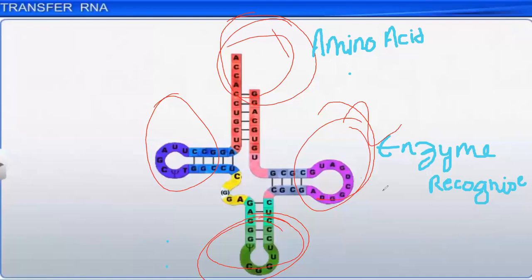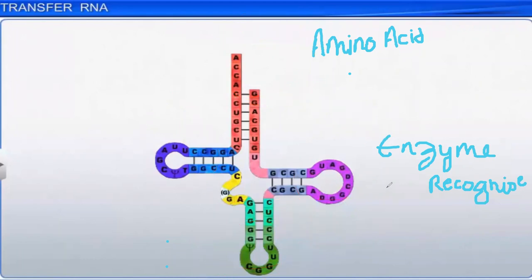Only after taking the amino group does it become activated, or charged tRNA. Then it comes and sits on the mRNA, and where it will sit will be recognized by this green color site. This site will recognize where it has to attach itself on the mRNA.